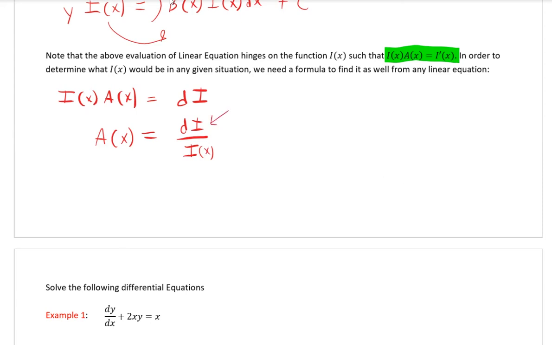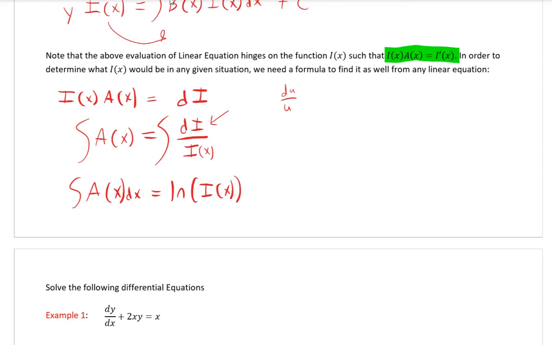Well, I can get rid of this derivative by taking an integral of both sides. And what I notice is I have the derivative of I over I. It's really the same thing as like du over u. And if I evaluate this integral, the integral of a of x dx, I get the natural log of I of x, whatever that I is.